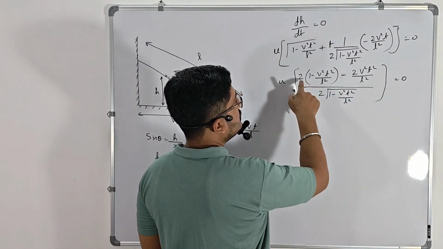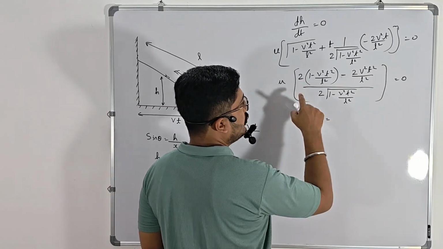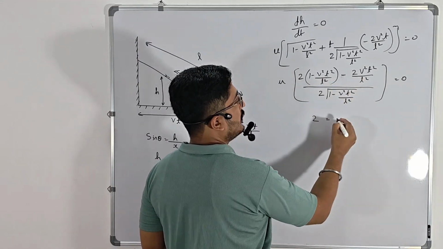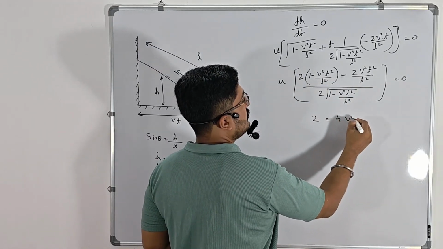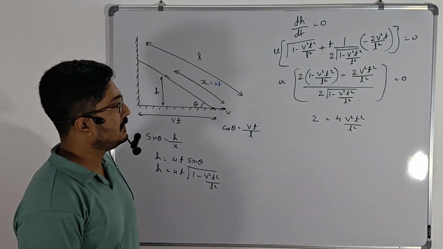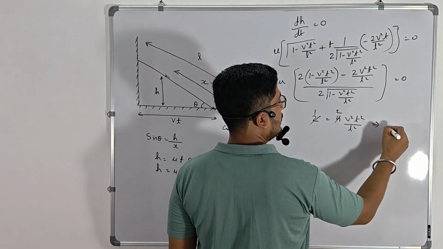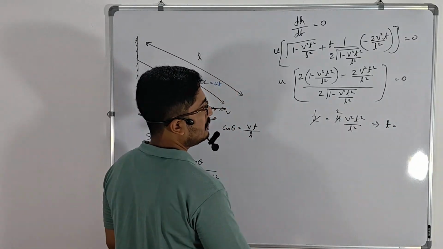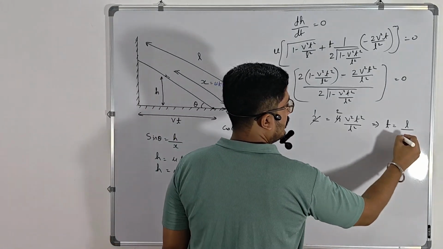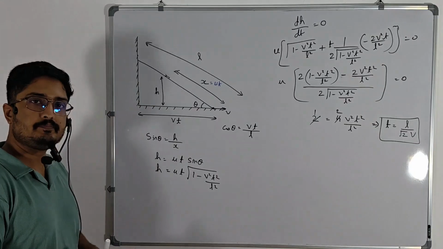So for that, I will be having 2 equal to, this will become the same term, so it will become 4 times v square t square by L square. This is what I'll get. And from here, I can write t is equal to L divided by root 2v. This is what I'm getting.